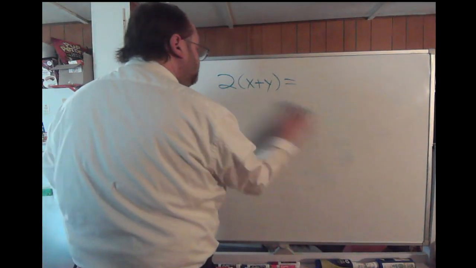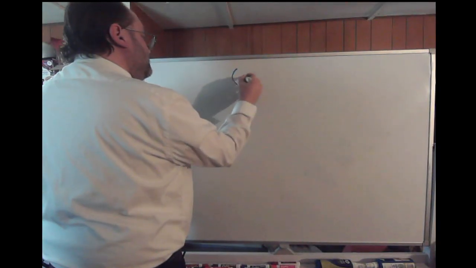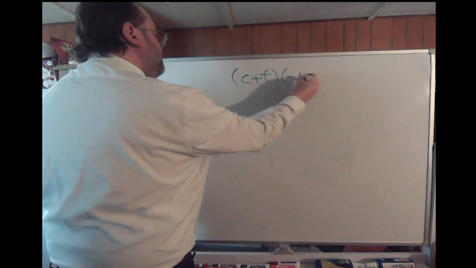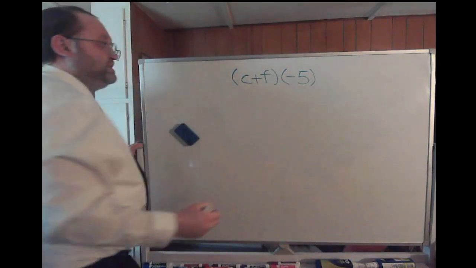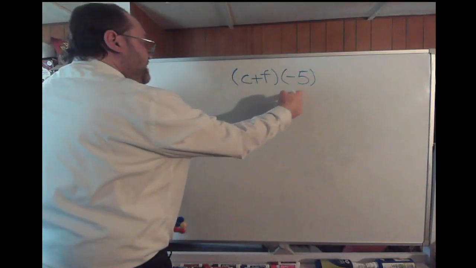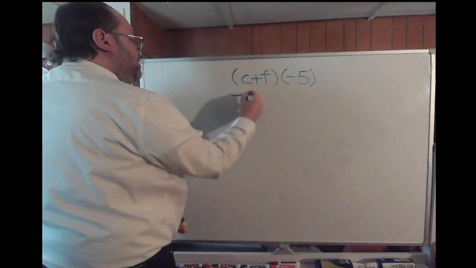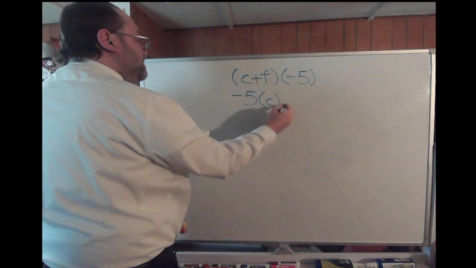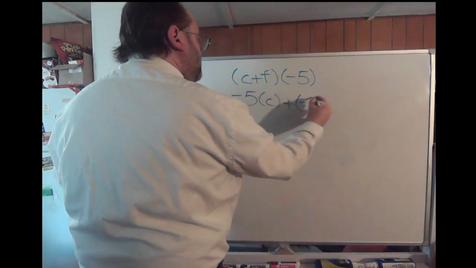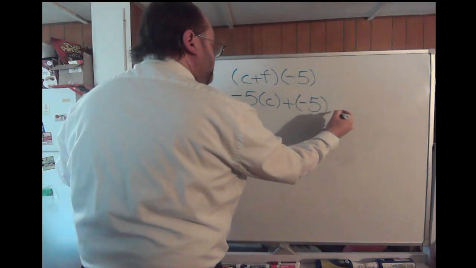All right. What's another one I can do here? All right, you may have c plus f times negative 5. So we got c plus f, that quantity, times negative 5. Of course, you'll take your negative 5, multiply it by the c, plus you'll take your negative 5 and multiply it by the f.